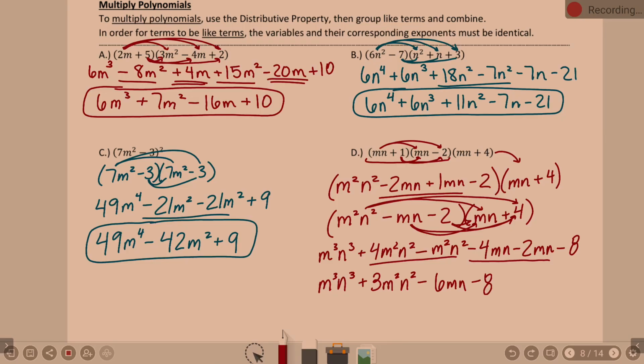And don't forget your minus 8. For a final answer of m cubed n cubed plus 3 m squared n squared minus 6 mn minus 8.